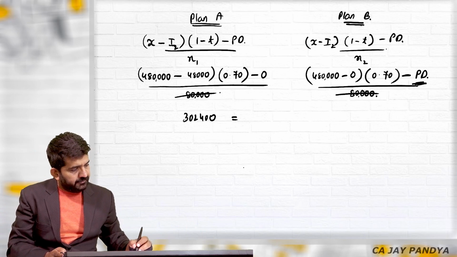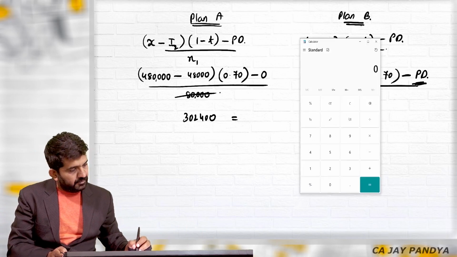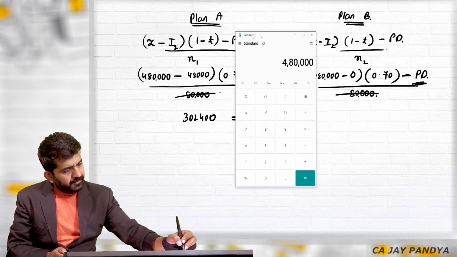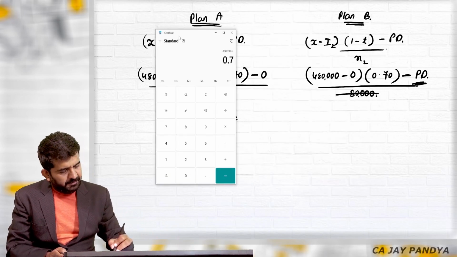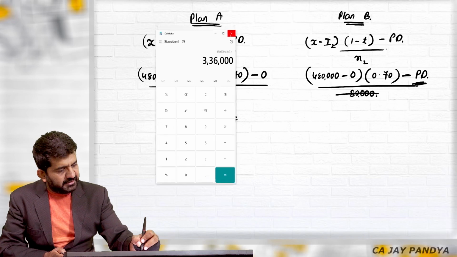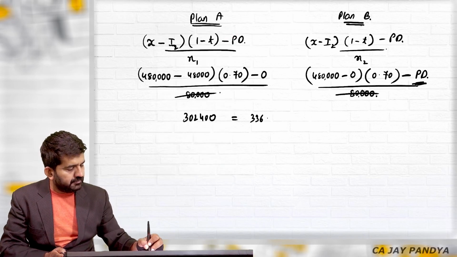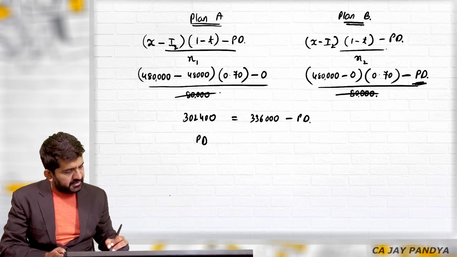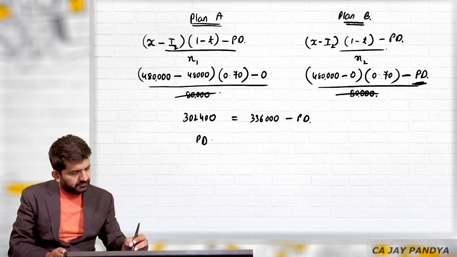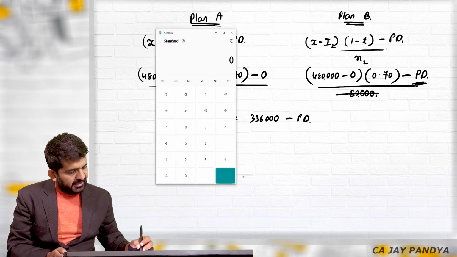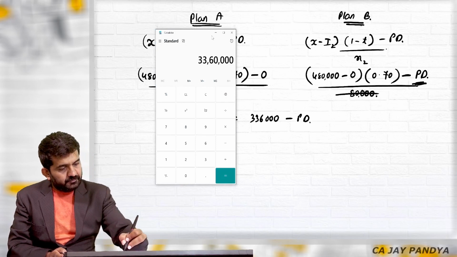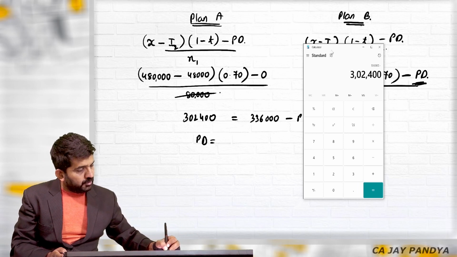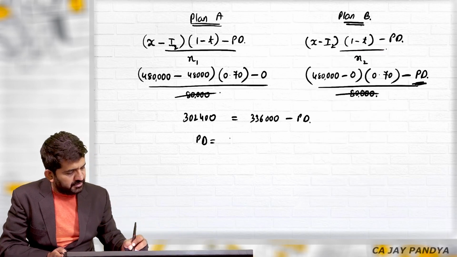This will be 4,80,000 multiplied by 0.7, which is 3,36,000. So the preference dividend will be 3,36,000 minus 3,02,400, which is 33,600.